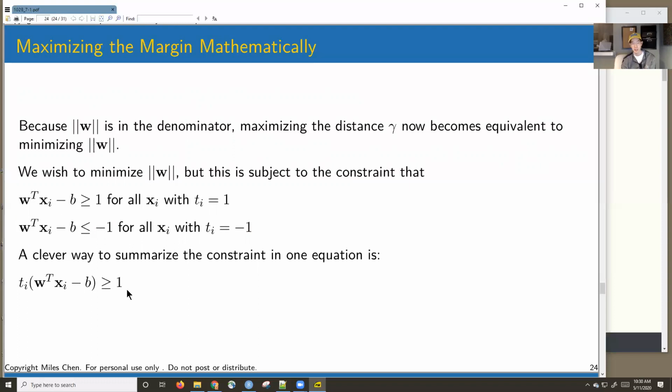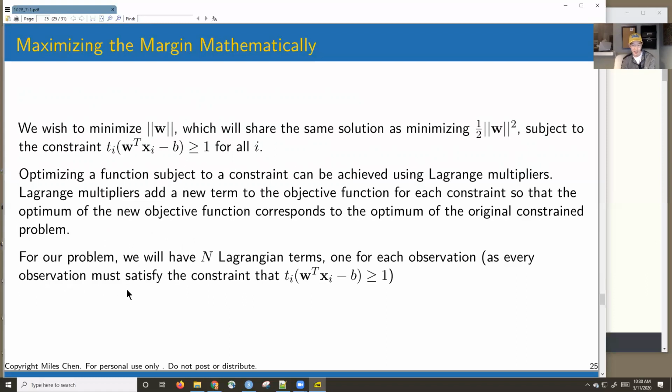Okay, so now we have a constrained optimization problem. What we want to do is minimize this, which will share the same solution as minimizing the norm. We're going to do this only because it'll make taking the derivative and solving a little bit easier.